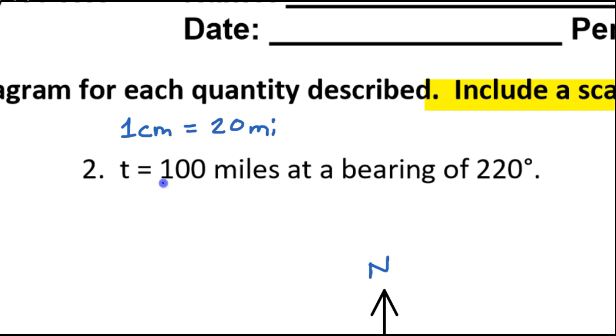Okay, so that means when I draw my vector in a moment, I want my vector to be 5 centimeters long. Each centimeter will represent 20 miles. 20 times 5 is 100. Okay, so with that in mind, I'm going to adjust my protractor so that it has a radius of 5 centimeters.